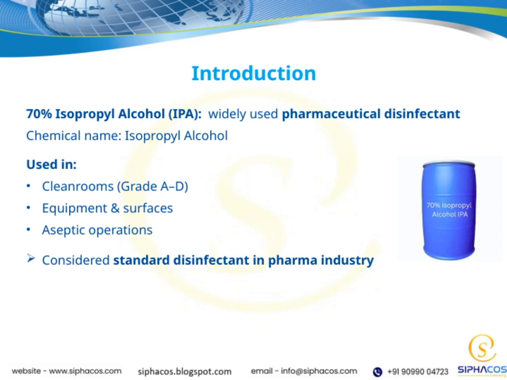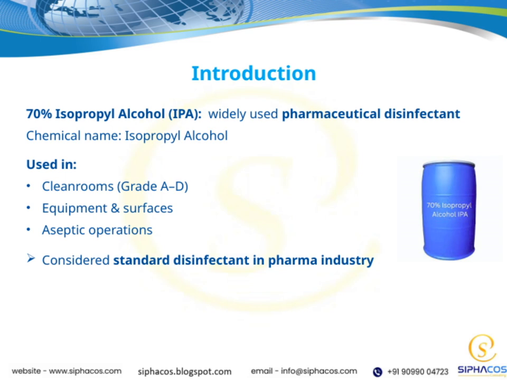You'll find it used in cleanrooms across different grades, from grade A to grade D, ensuring a high level of cleanliness. It's also employed to disinfect equipment and surfaces, helping maintain sterile environments. And of course, it's essential in aseptic operations, where maintaining sterility is critical.